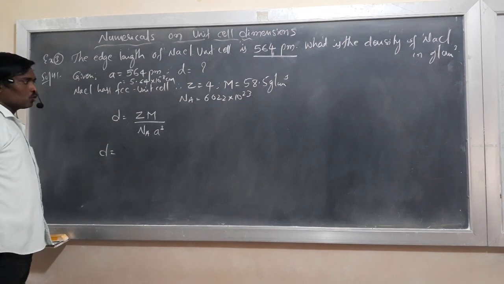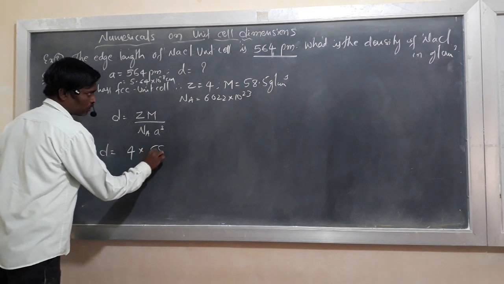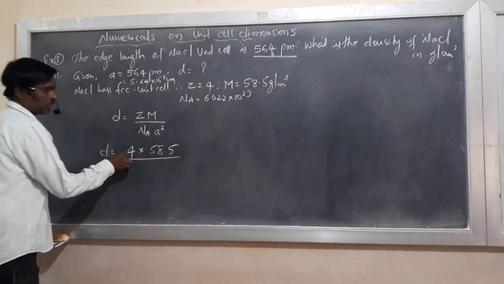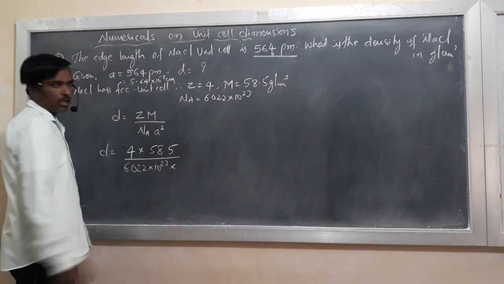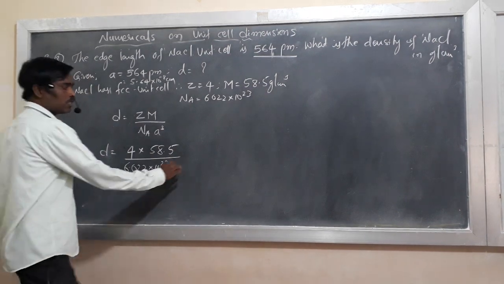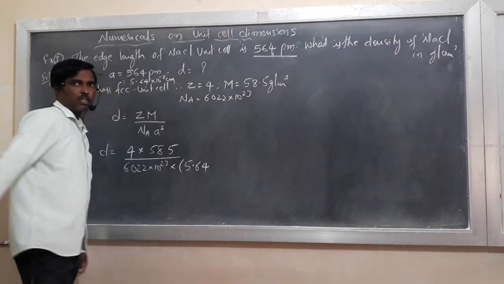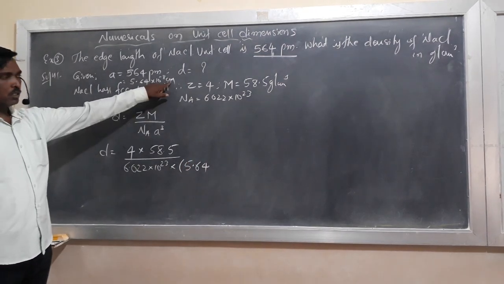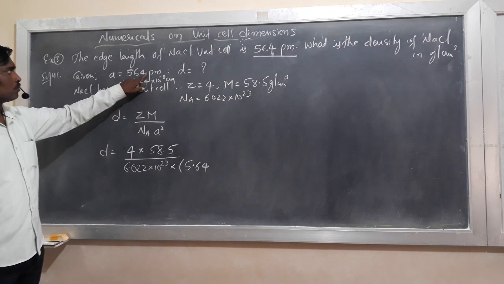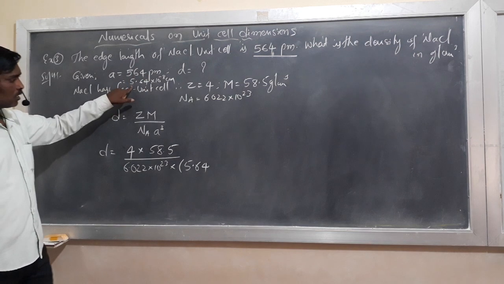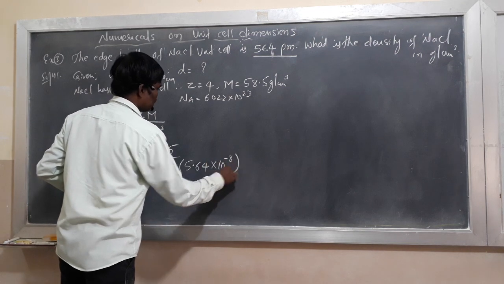So density is equal to, first Z value 4, mass 58.5 divided by Avogadro's number 6.022 into 10 raised to 23, and the A value, the edge length, is 5.64 into 10 raised to minus 8, whole cube. We converted the edge length from picometer into centimeter.